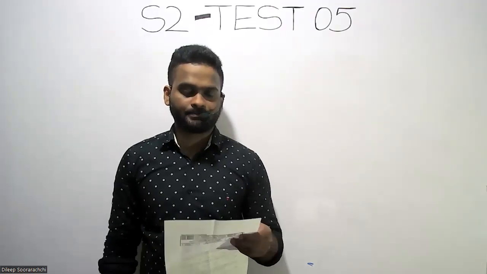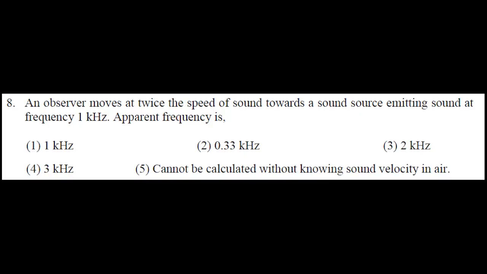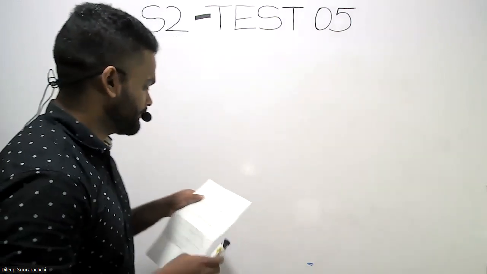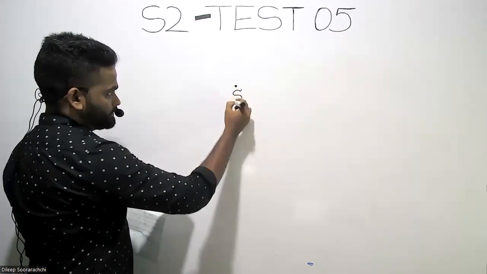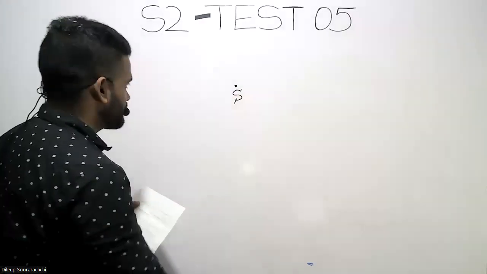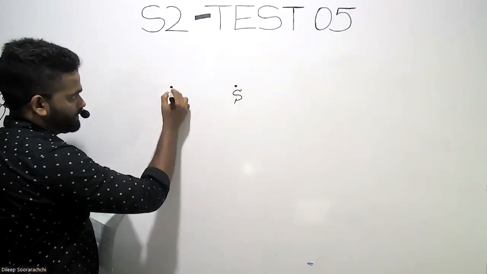8th question. An observer moves at twice the speed of sound towards a sound source emitting sound at frequency 1 kilohertz. Apparent frequency is? So let's say we have this source and we have the observer.